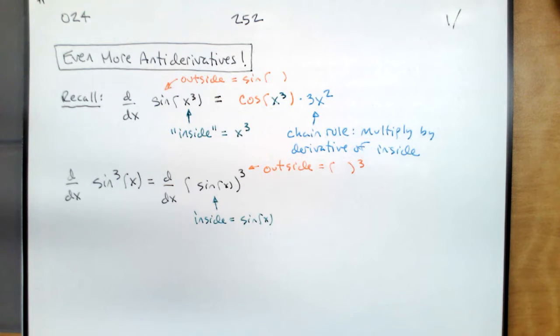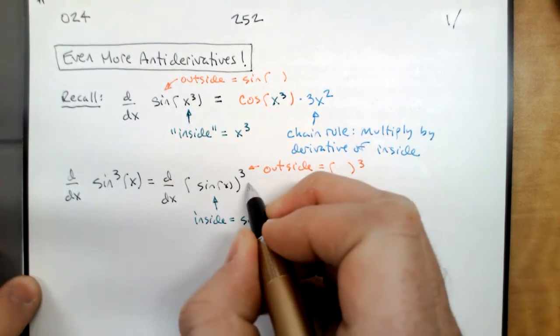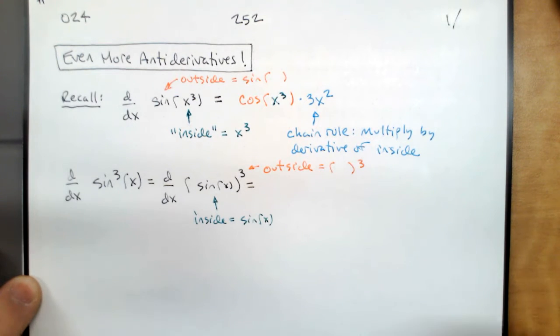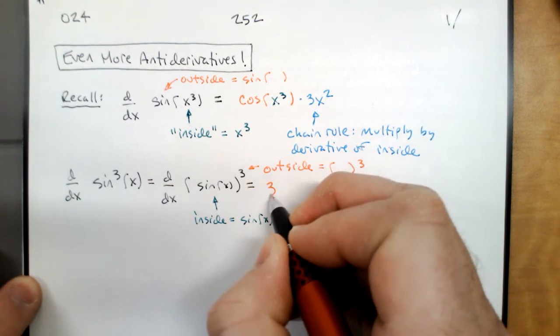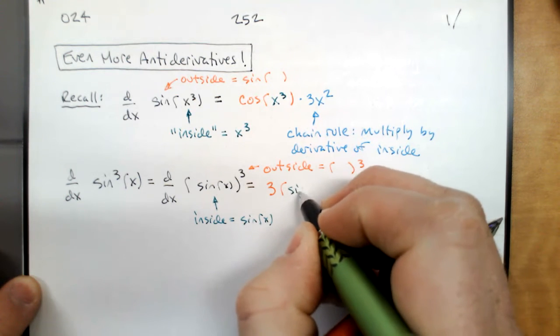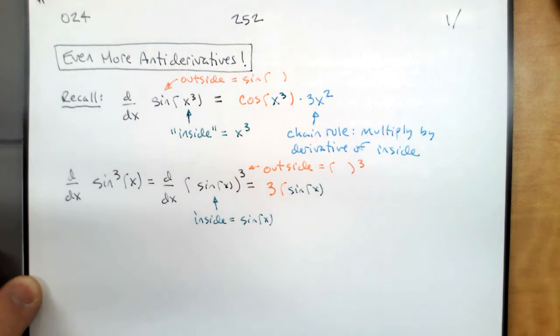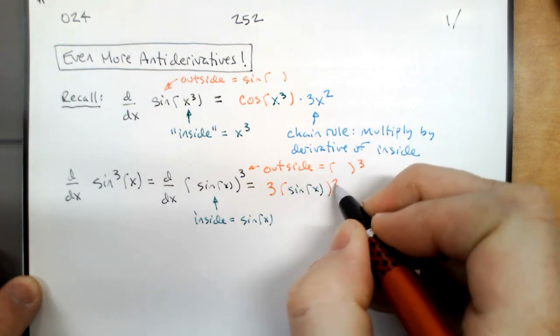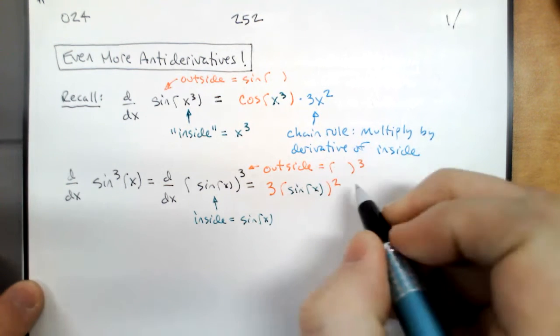So I want to take the derivative of sine cubed x. We're taking the derivative of something to the third power. The derivative of something to the third power is going to be 3 times that thing to the second power times the derivative of that thing.